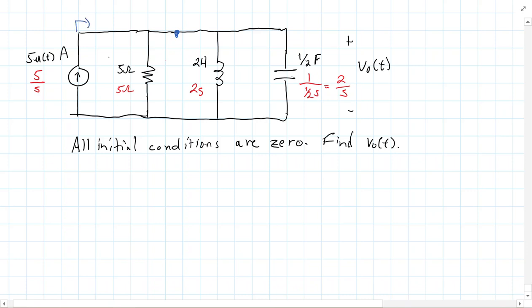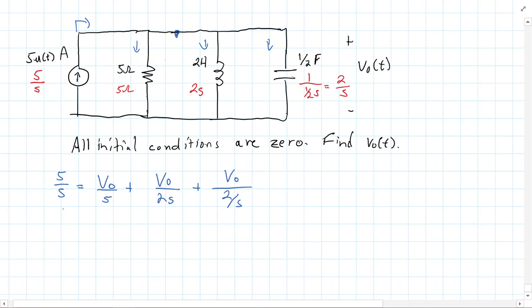So I've got a current coming in, and then 3 currents leaving. My current coming in is of course 5 over s, and then I'd have V out over 5 plus V out over 2s plus V out over 2 over s. Now I'm going to be a little bit careful before I do anything here.